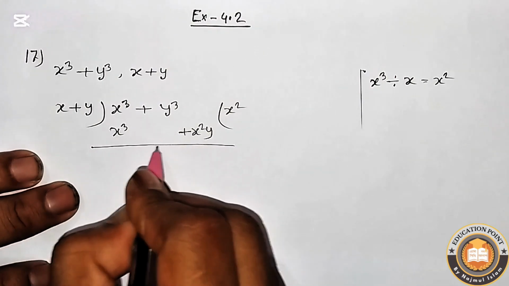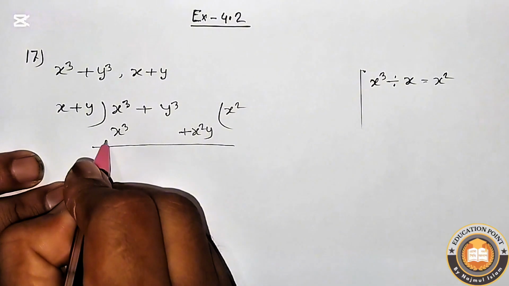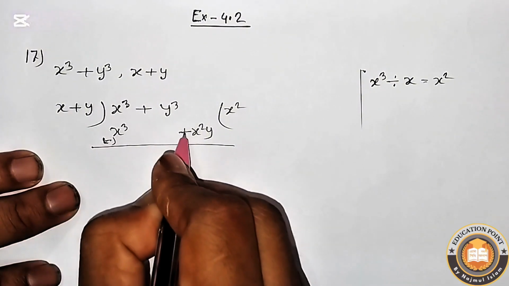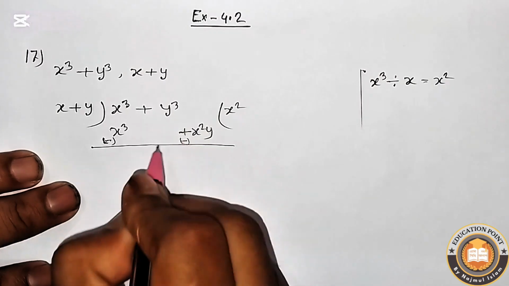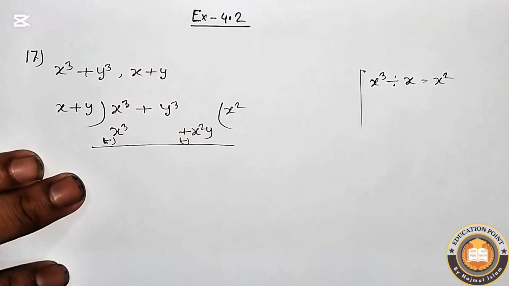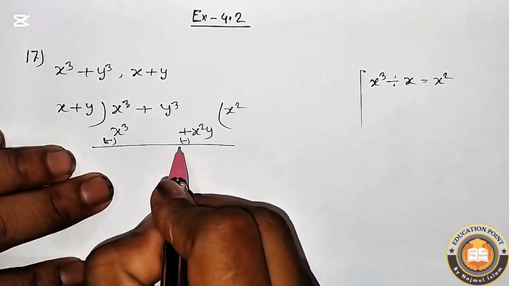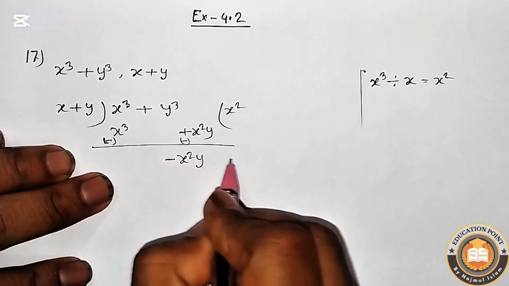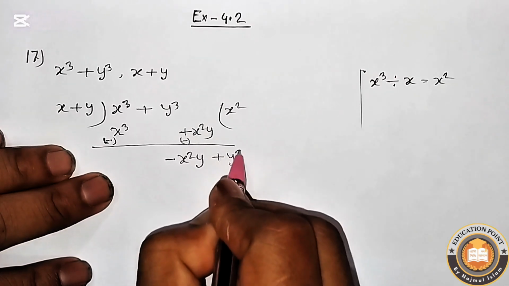According to the division law, the symbol will be changed. Plus symbol changes to minus symbol. Here plus x cube minus x cube equals 0. Then we can write minus x square y plus y cube.